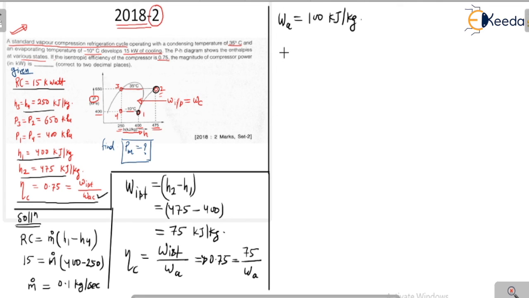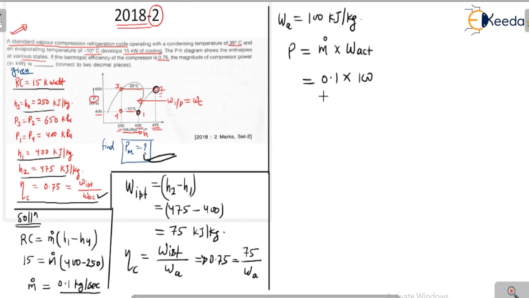So in this way your actual work is found. Now you have to write this equation for power: to find the power, you can write mass flow rate times W actual. The mass flow rate value is 0.1, and the actual work is 100 kilojoule per kg.